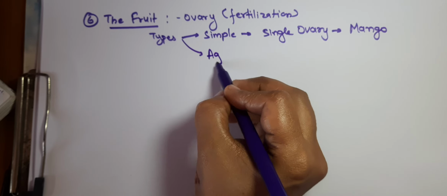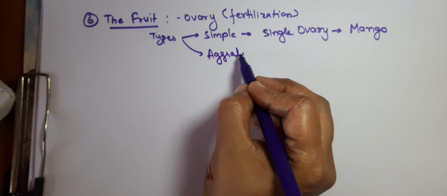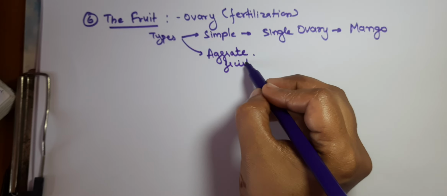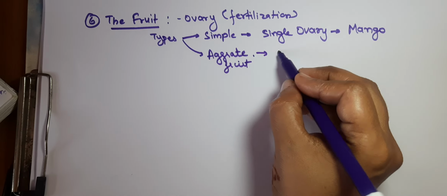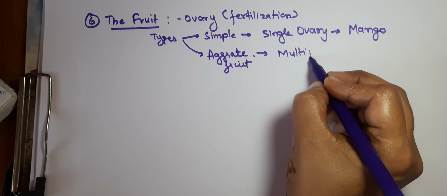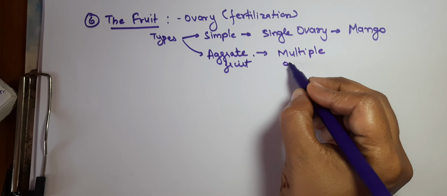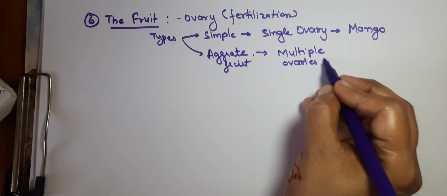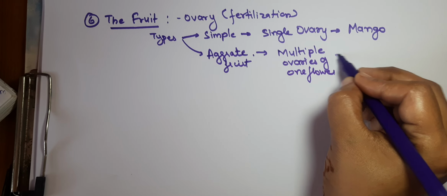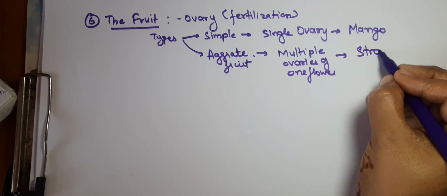Then there are aggregate fruits. This kind of aggregate is a bunch, right? This kind of fruit is developed from the multiple ovaries of one flower. The example we can see is the strawberry.